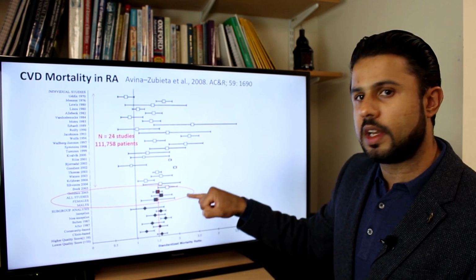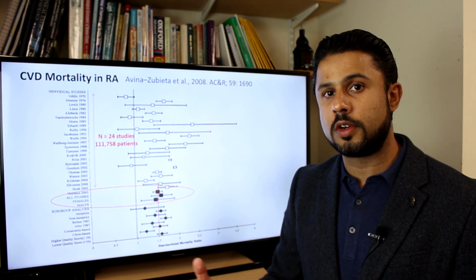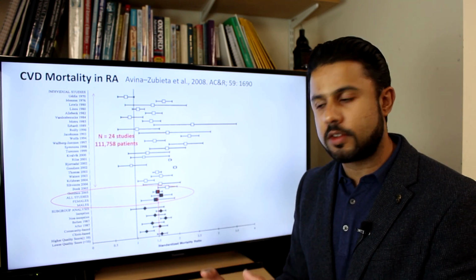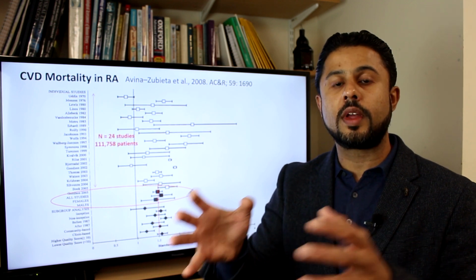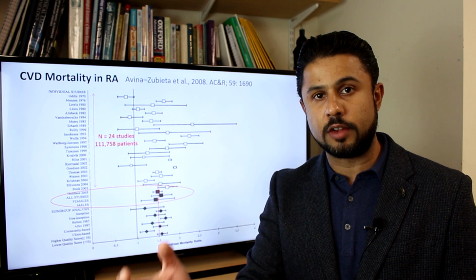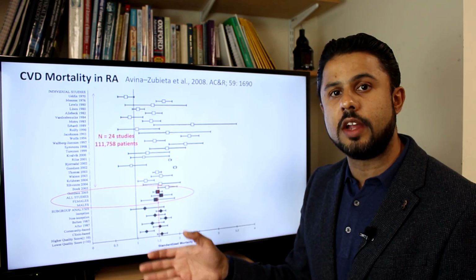Now, this basically looks at the number of deaths that were observed in the population of interest, so in this case rheumatoid arthritis, and it compares those observed deaths with the expected deaths from the general population, so people that don't have RA but that are of a similar age and similar sex.